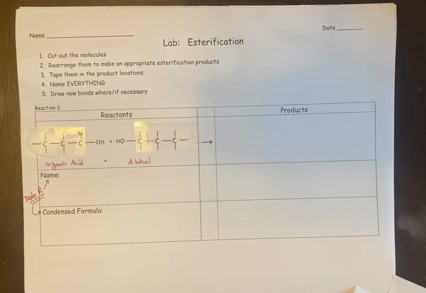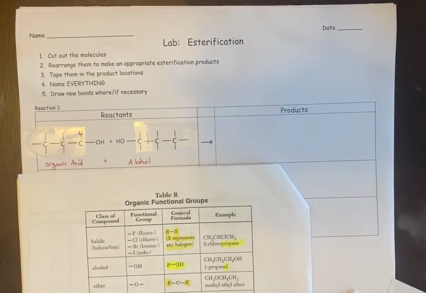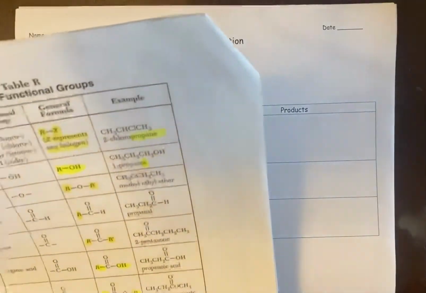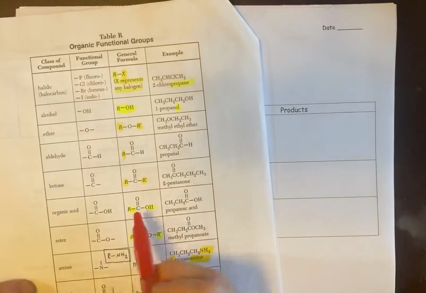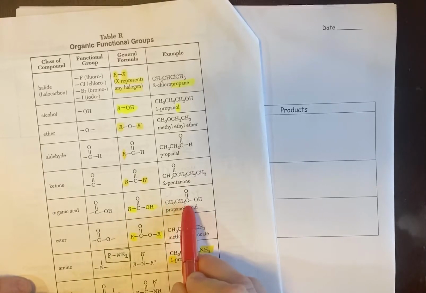If we take out our reference table, for table R, they tell us the organic acid is called propanoic acid. The reason it's called propanoic is because it has 1, 2, 3 carbons.